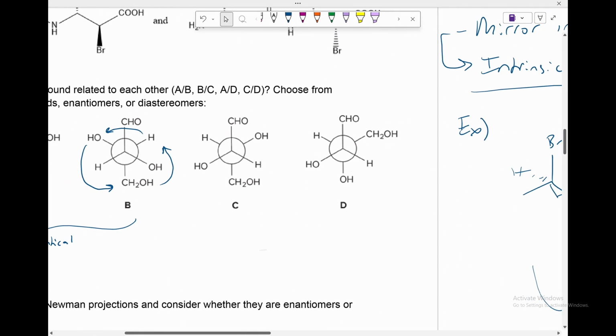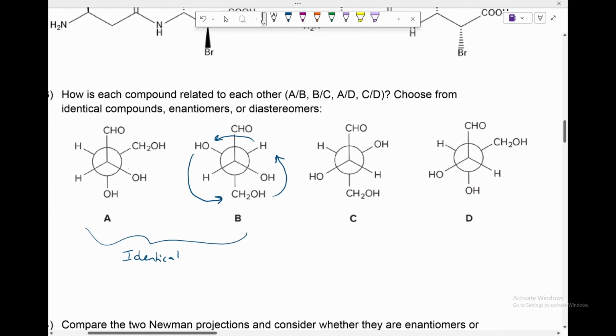Okay. If we're comparing B to C, the front carbons look like they're mirrored, as well as the back carbons, right? So CHO, CHO, the methanol, methanol, okay? So these two are enantiomers because you can see the mirror.